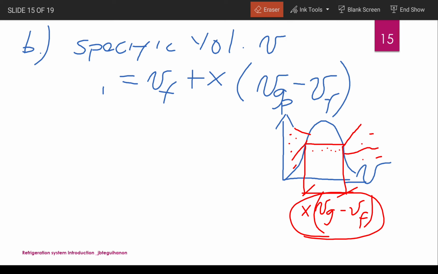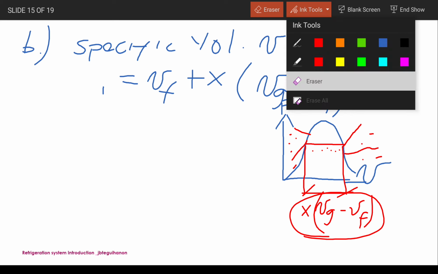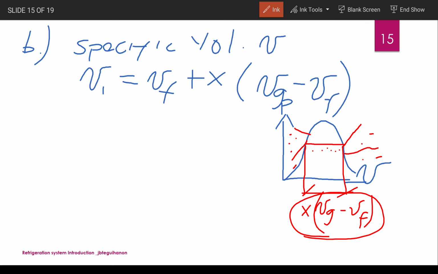Specific volume 1 is expressed by the specific volume at this point, vg, and this is vf, plus the percent quality of your substance, which in this case is water.